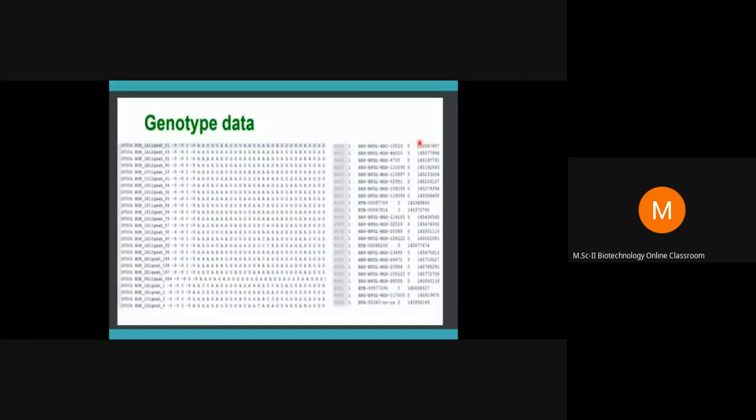Genotyping data looks like this. The genotype file at the end is a huge text file, but the important thing is the genotype located at a particular position.